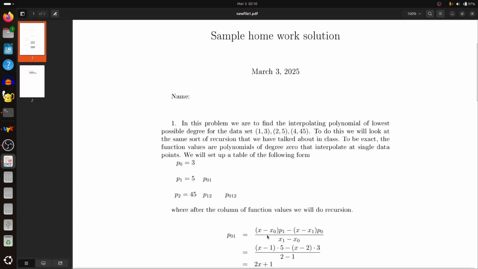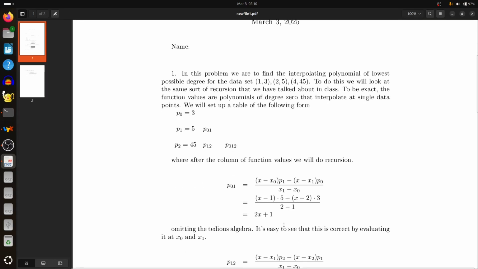Okay, x minus x0 p1, x minus x1 p0, over x1 minus x0. When x is 1, that's 3. When x is 2, that's 5. It's easy to check that.